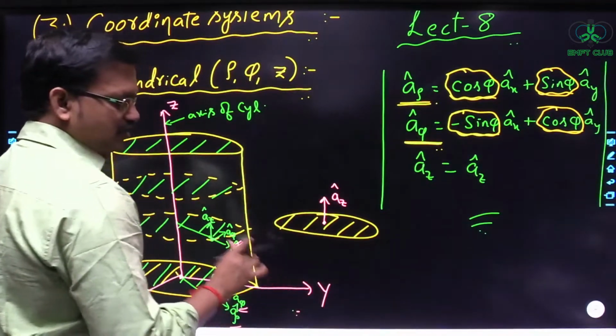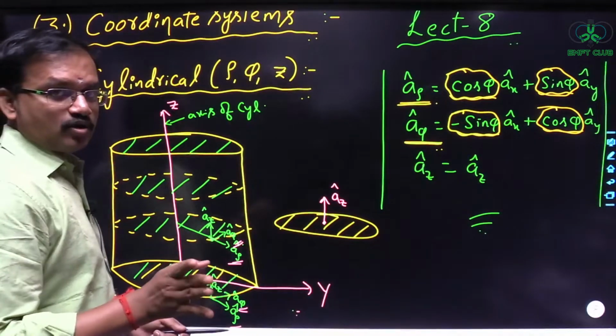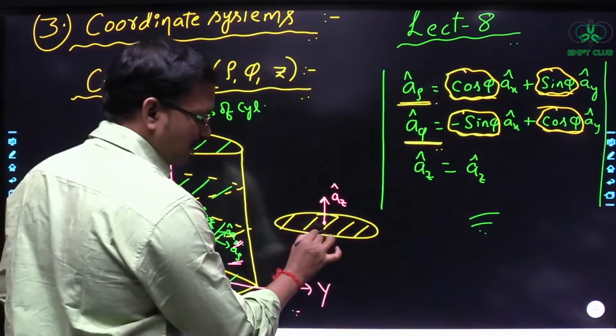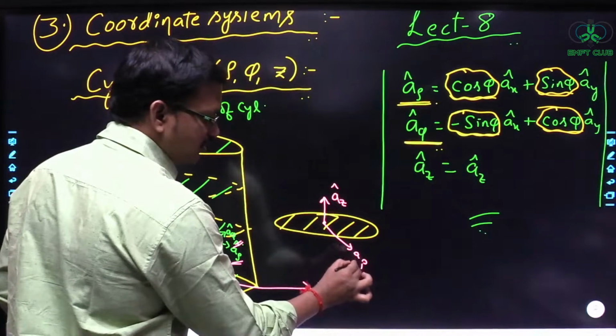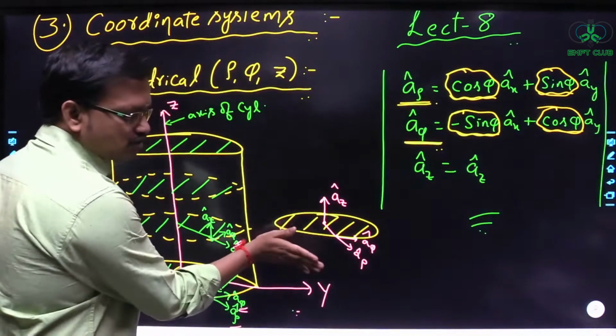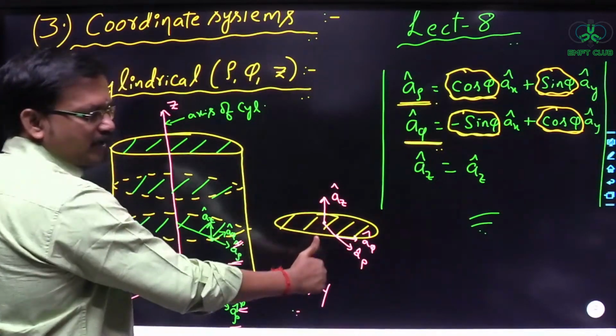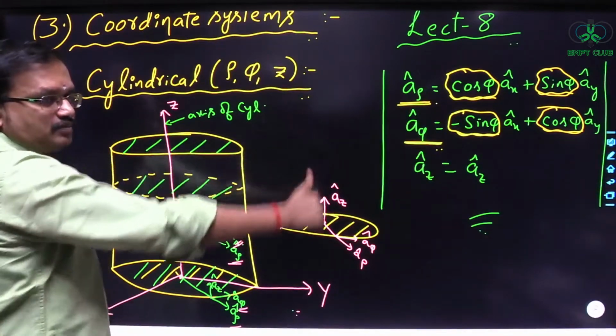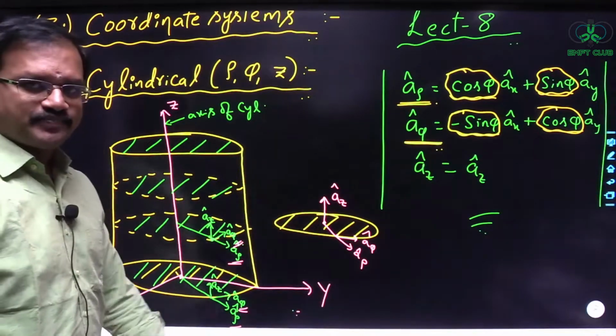We are assuming that we are enclosing the surface from a_rho cap to a_phi cap. So a_rho cap points in this direction and a_phi cap points in this direction. So if you enclose from a_rho cap to a_phi cap, it is pointing in the a_z cap direction. So everything is valid, right?